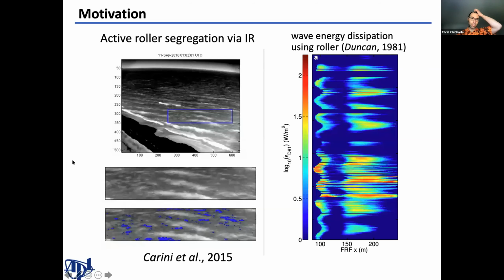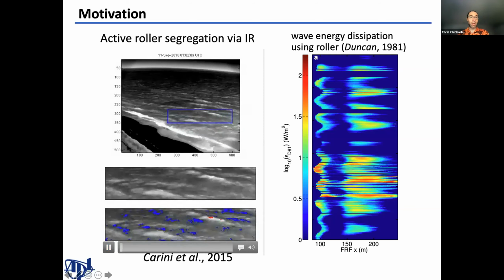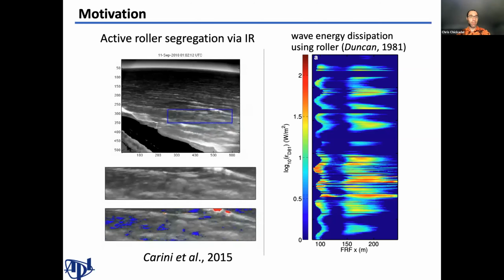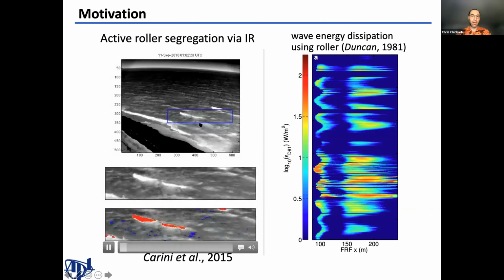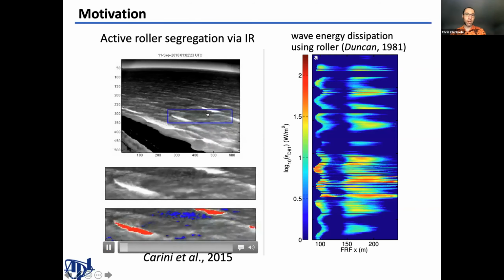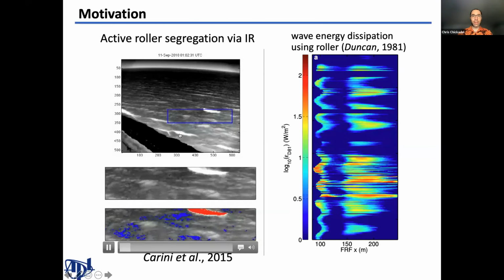Further, Andy and I had a recent graduate student, Roxanne Carini, who used this phenomenon to actually separate between active and passive foam. In this movie, the upper panel is a video of thermal imagery from the field research facility in Duck, North Carolina, taken at night. You can see bright wave crests as waves are approaching the shore and breaking.